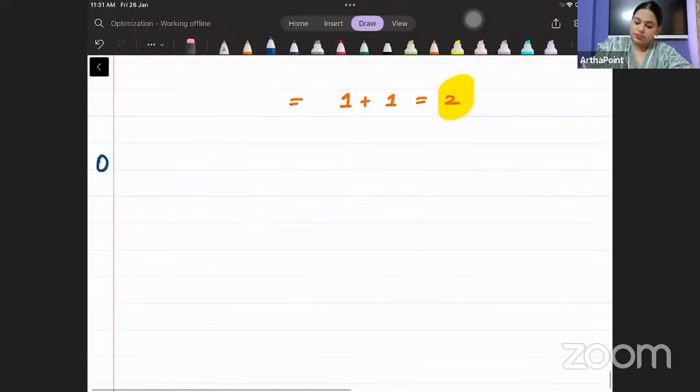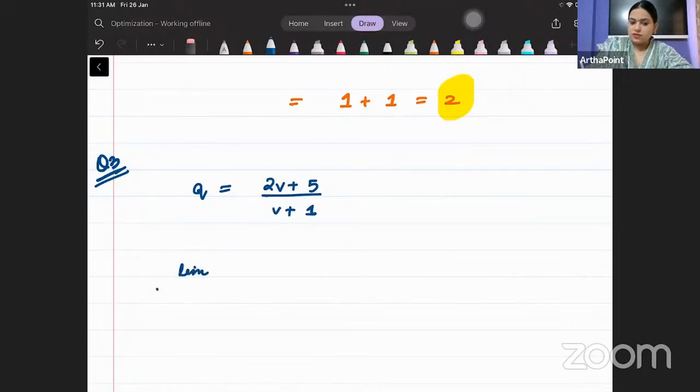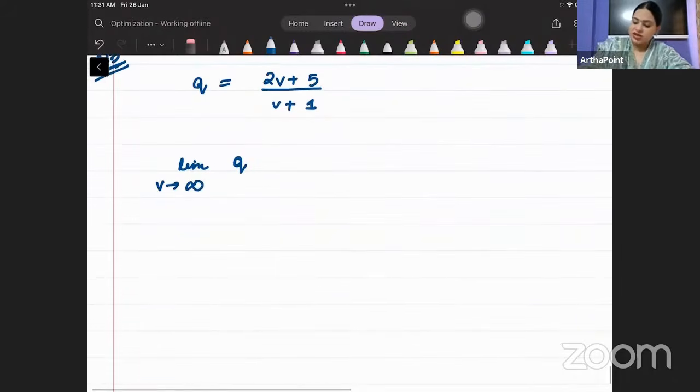Question number 3. So beta, it is given Q is equal to 2V plus 5 upon V plus 1. Limit V tends to infinity Q. So bache, again, try to understand this thing.